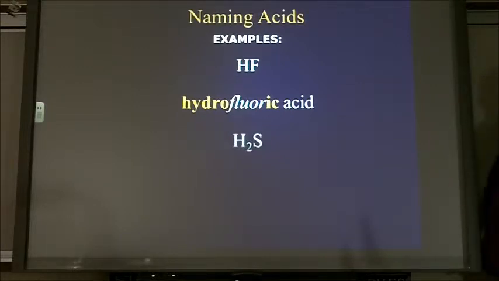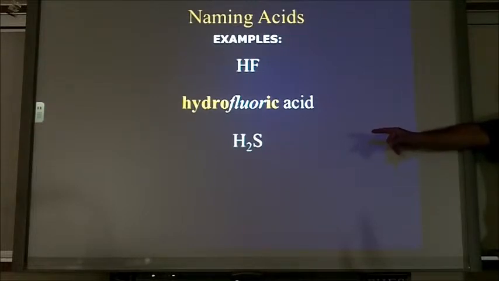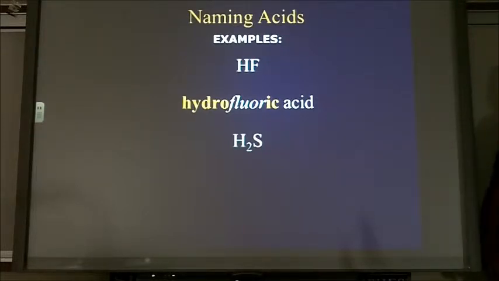Here's another one. H2S. Now, before we name this, why are there 2 hydrogens in this one and there was only 1 hydrogen in the first one? Balanced charges. Good. The fluorine has a -1 charge, the hydrogen's a +1, so it's a 1-to-1 ratio. So we still balance charges, and in this case, sulfur has a -2 charge.